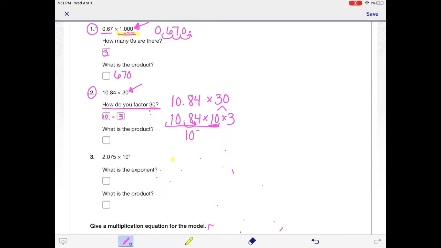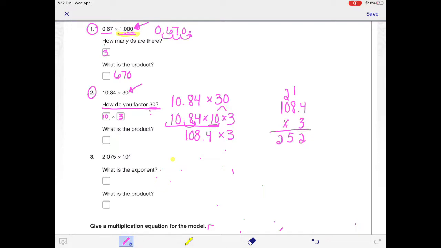So now this part of it is 108.4, and we still have to multiply by 3. So that you're going to have to do over here on this side. 108 and 4 tenths times 3. 4 times 3 is 12. 8 times 3 is 24. Plus 1 is 25. 3 times 0 is 0.